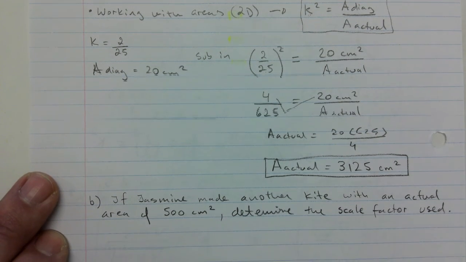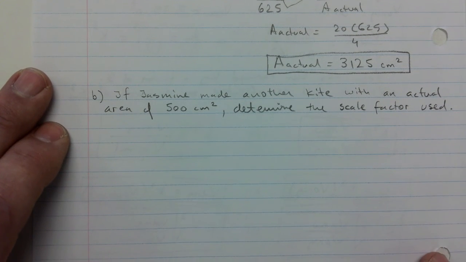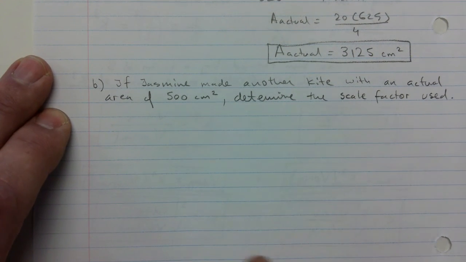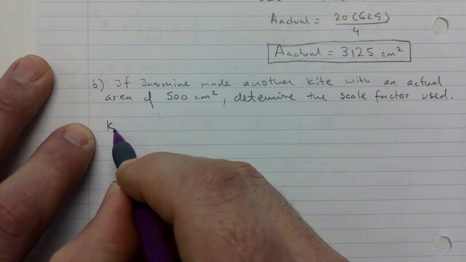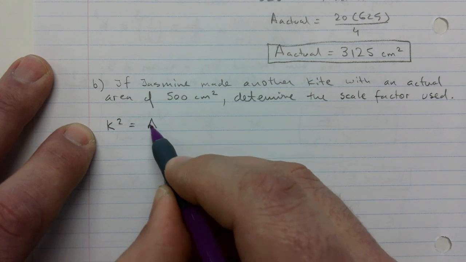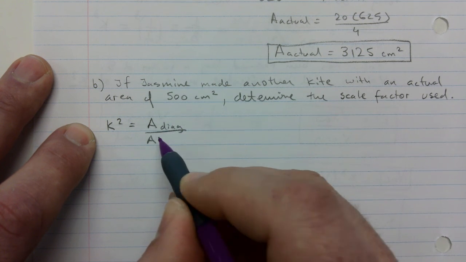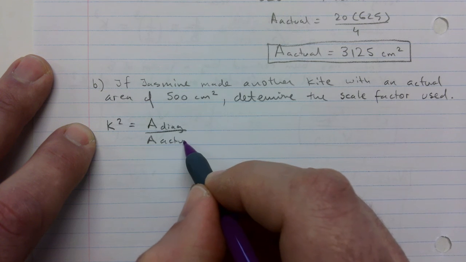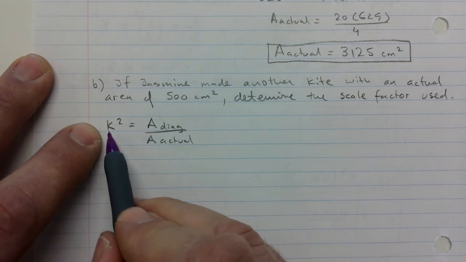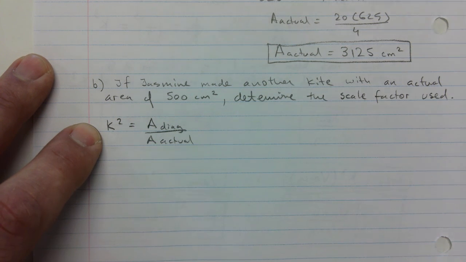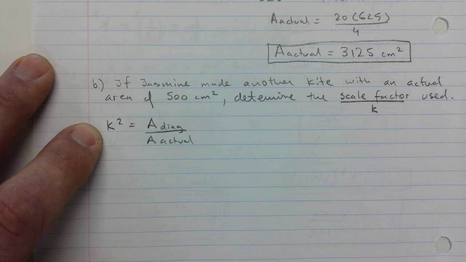So now we assume that we don't know the scale factor, but we're still working with areas, right? So we would still start with this one, right? Area of diagram, area of actual. What is it that we want to know? We want to know what K is. Scale factor means I want to know what K is, not K squared.